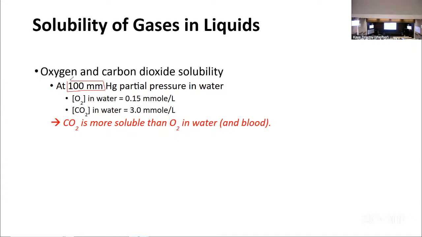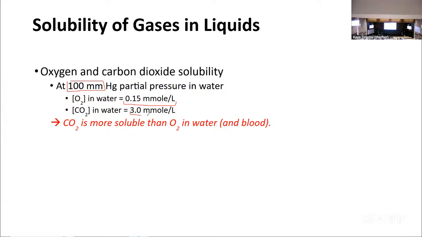You'd see that oxygen, when it comes to equilibrium with dissolved gases in water, you'd end up with 0.15 millimoles per liter of oxygen dissolving into the water. But you'll notice here, the carbon dioxide, we had a partial pressure of 100 in the air, right?